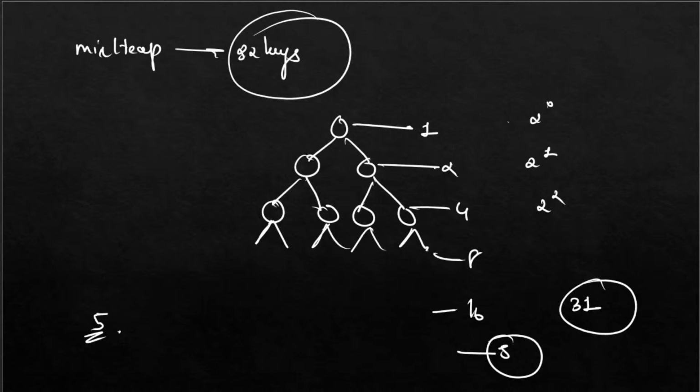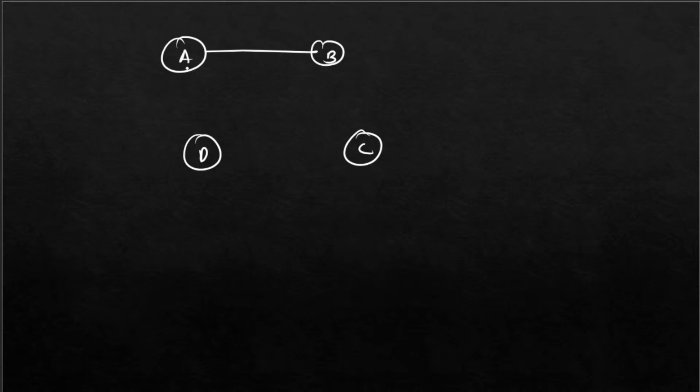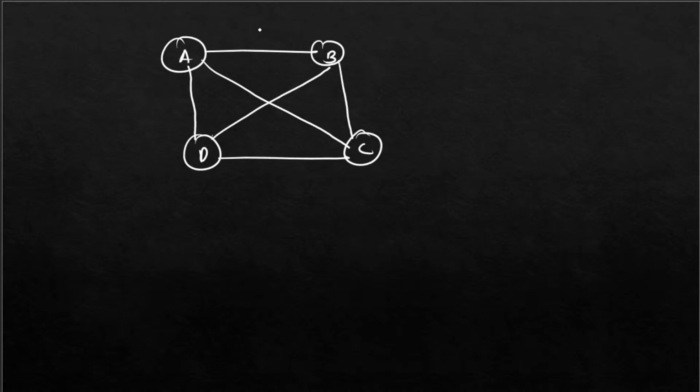So I guess one question was like this: A, B, C, D. Okay, MST question. The weights were given, and we need the max weight which we can keep: 7, 3, 8, 1, x, 6.